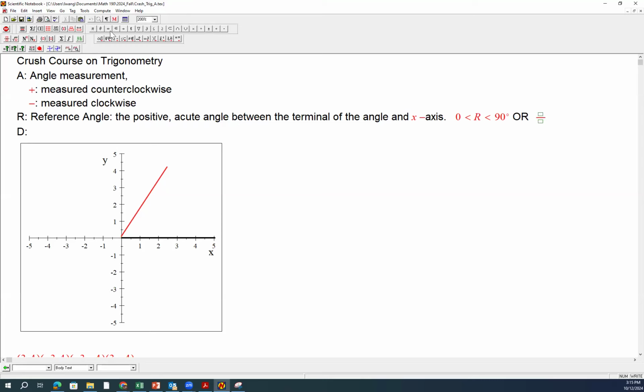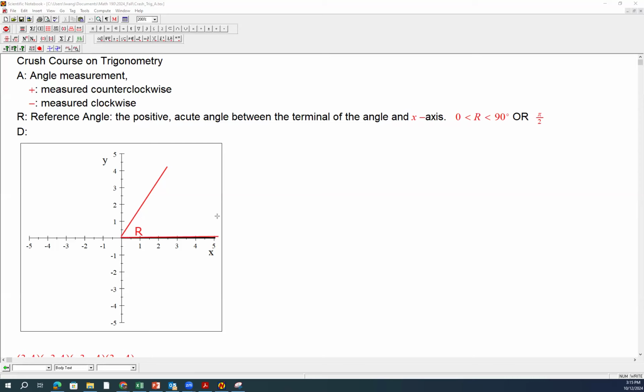Pi over 2 is a radian equivalent to 90 degrees. And now our reference angle is right here. In this case, our reference angle is this piece. I call it R.